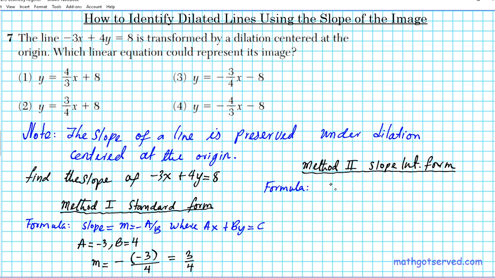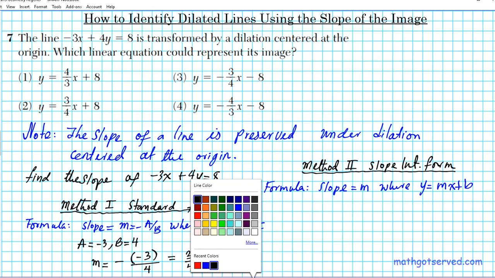The slope is just m, where you have the form y equals mx plus b. If you can get the line into slope-intercept form, you can easily determine the slope and the intercept. That is why it's called the slope-intercept form.